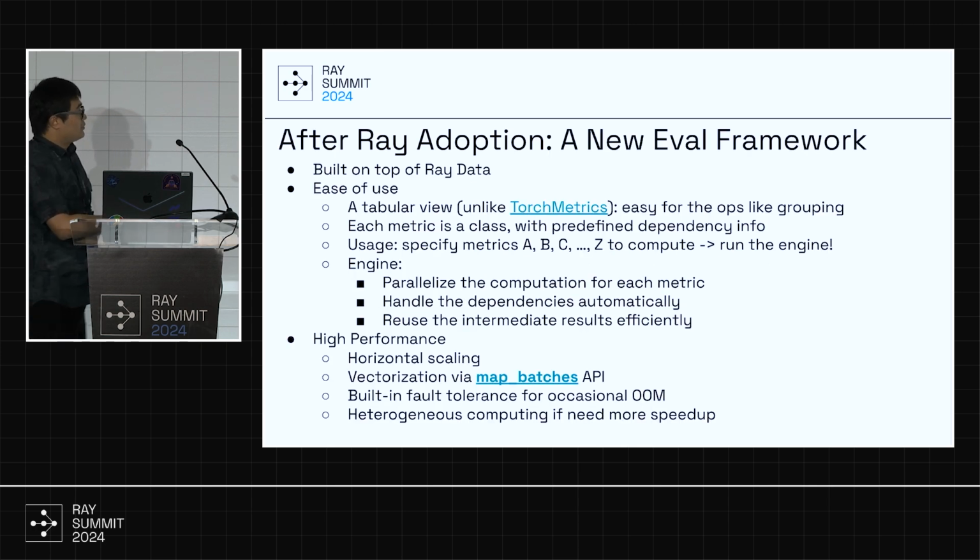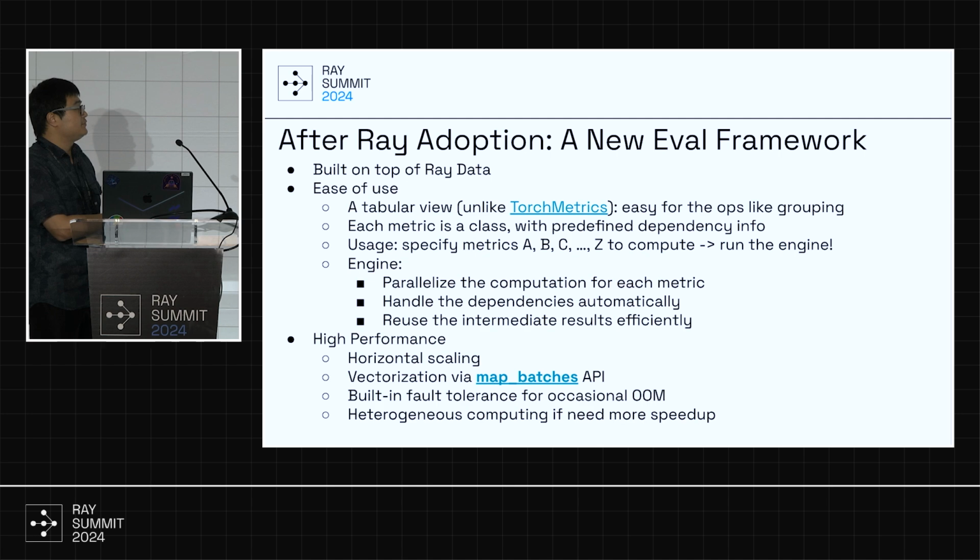So what are we gonna do here? We developed an entirely new eval framework on top of Ray data. There are two very important features. One is ease of use. Unlike torch metrics, which presents a tensor view, we found our ML engineers prefer a tabular view.